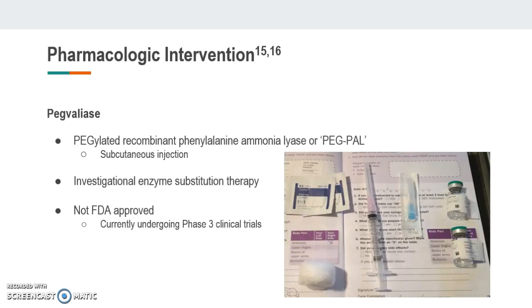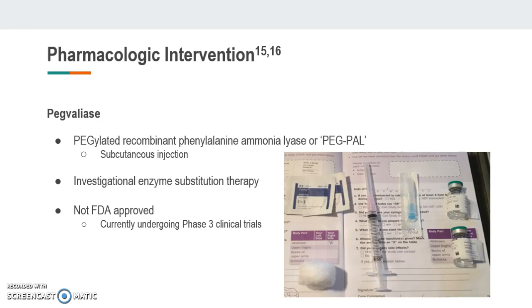Pegvaliase, also known as PegPal, is an investigational study drug that substitutes the deficient phenylalanine hydroxylase enzyme with a pegylated version of the enzyme phenylalanine ammonia lyase to break down Phe. This drug is being developed as a potential treatment for adults whose blood Phe levels are not adequately controlled or for those who have trouble maintaining goal Phe levels.